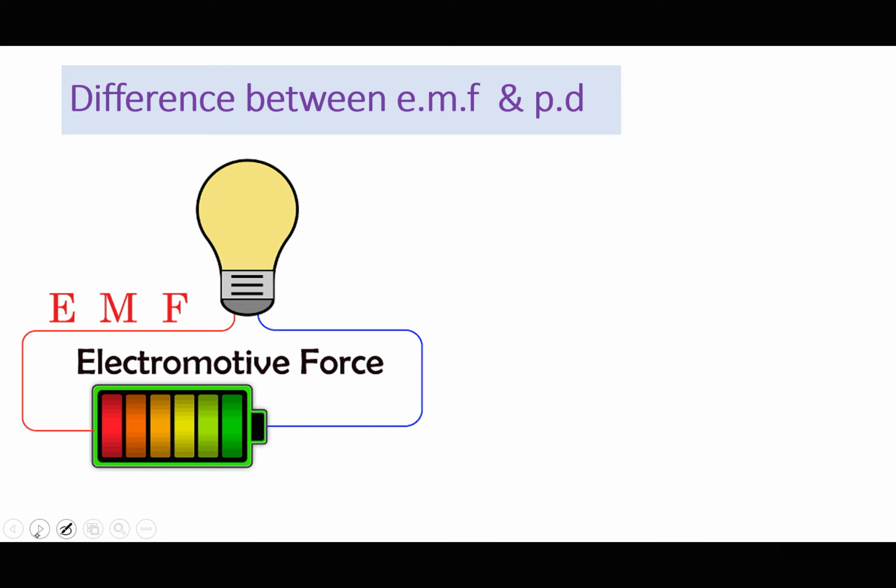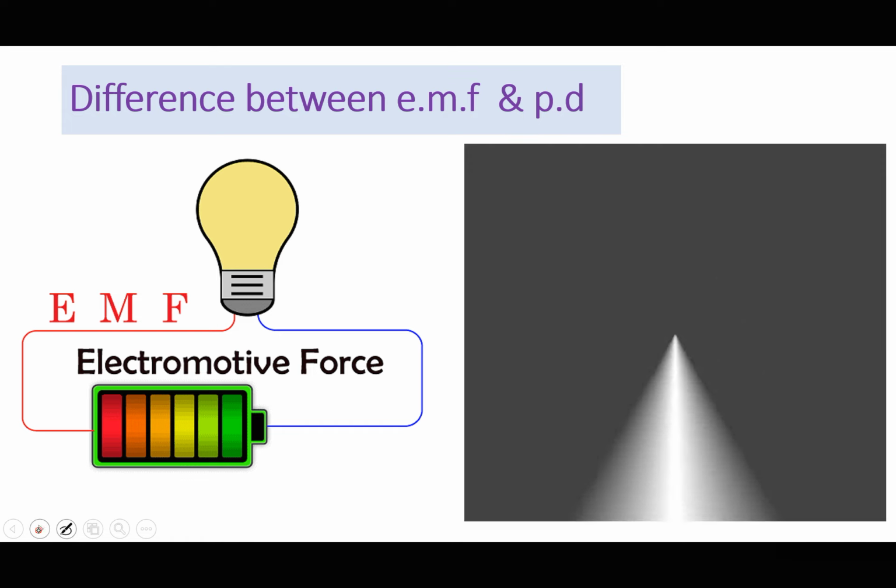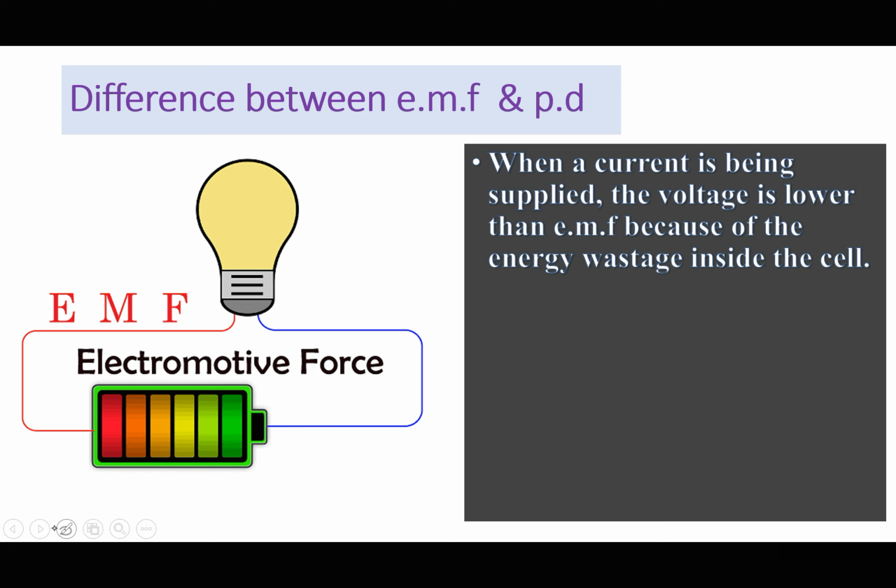And when a current is being supplied, the voltage is going to be lower than the EMF. Of course, the voltage will be measured across the bulb. When there is a current being supplied, the voltage is expected to be lower than the EMF because some energy is going to be wasted inside the cell.